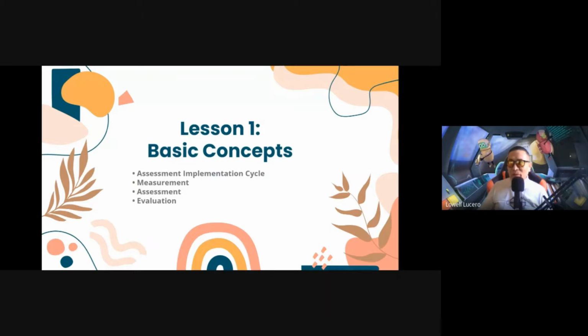If you're using your computer, you can see the activities icon nasa lower right, yung may symbol na triangle, square, and circle. Nakita niyo ba? If you're using your cell phone, I think you go to the 3 dots menu, then you can see the activities. So I have 3 questions now. It's a poll, and I will launch that one, then you can respond, then we'll proceed to the next question.